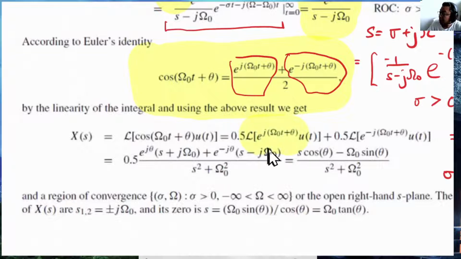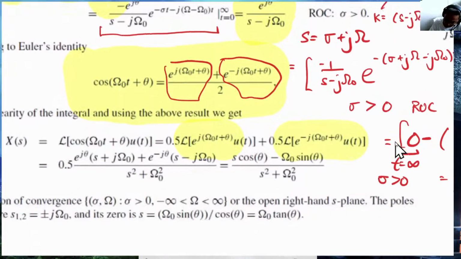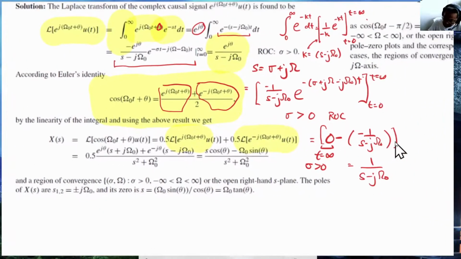The Laplace transform of e^(j omega naught t + theta), causal signal, plus e^(-j omega naught t + theta), causal signal. You can then put the details here, and you simplify and you will get this expression on the right hand side.